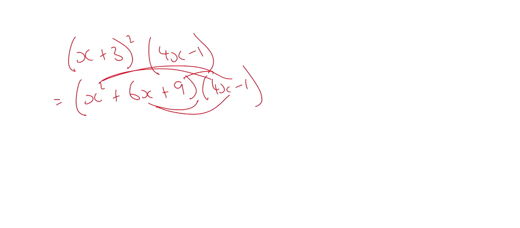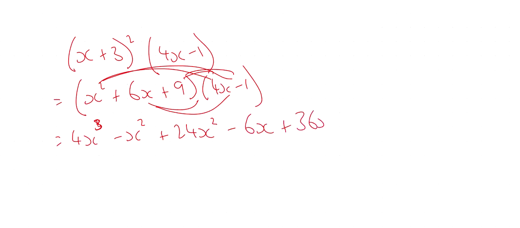So I get 4x cubed. Good. 4x cubed minus x squared plus 24x squared. Good. Minus 6x plus 36x minus 9. All right. Can we collect anything?